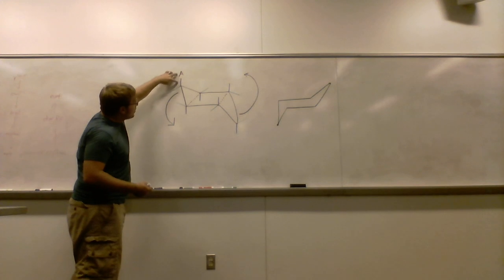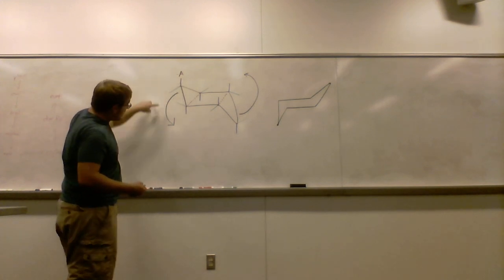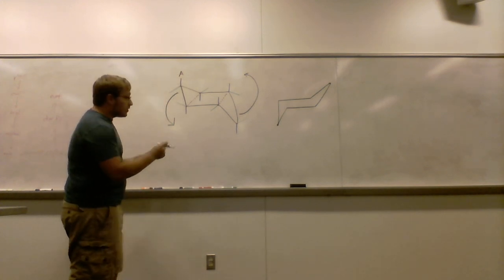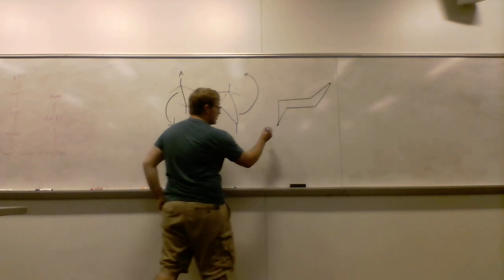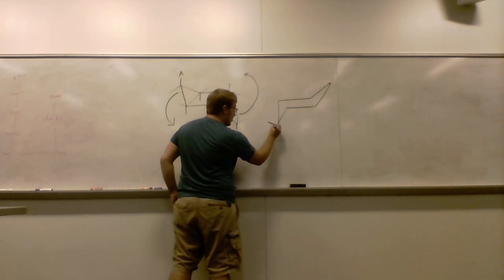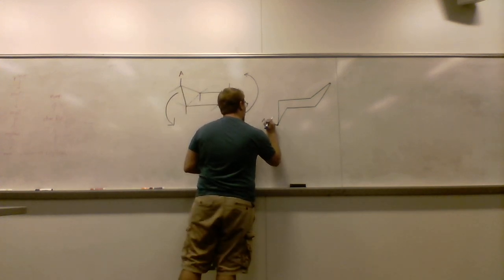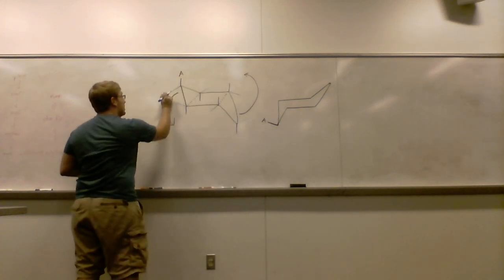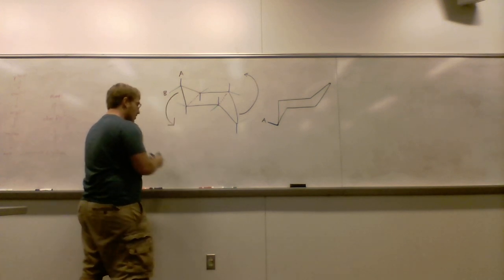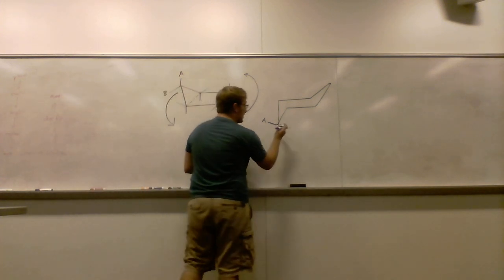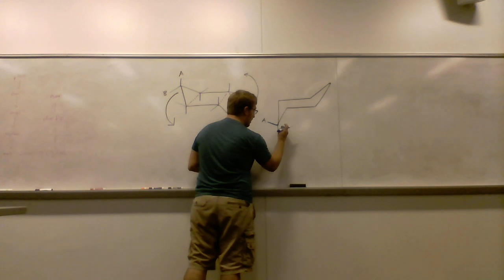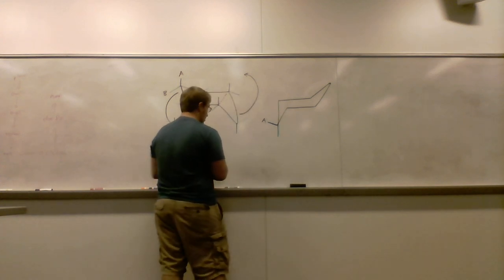But this original axial A is going to go flipping down, and it's going to go into the equatorial. So what we're going to have now is A in this equatorial position here. And let's say if this were B. Well, now B is facing downward, and it's in the axial position.